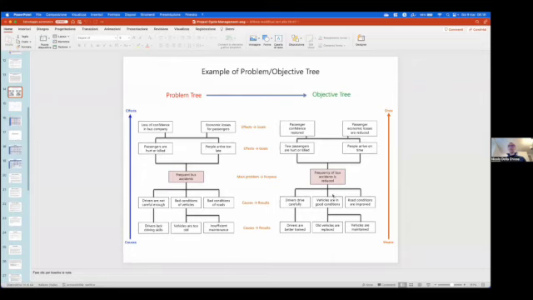The same for the results. Although in this case, sometimes we need to synthesize the results a bit. So we have to find a formulation that gives us a synthetic view of what the results are.